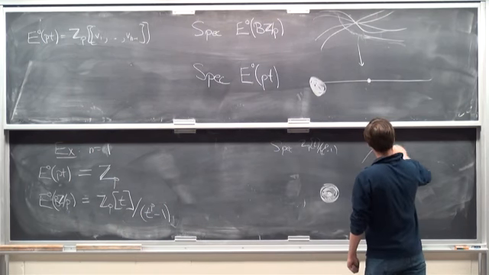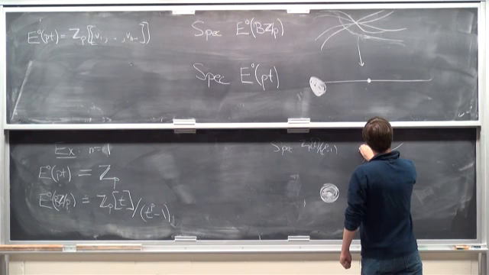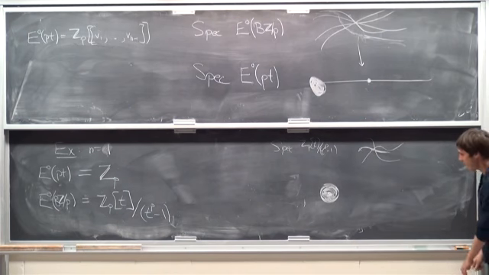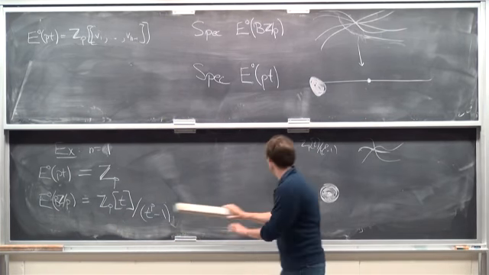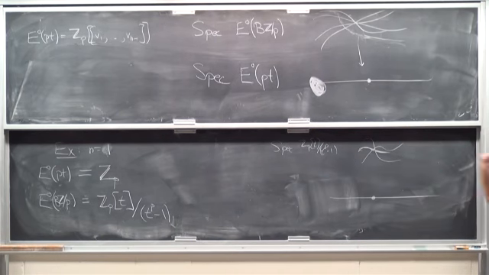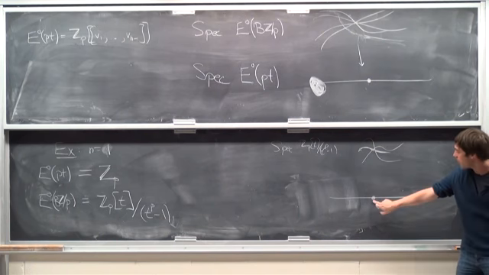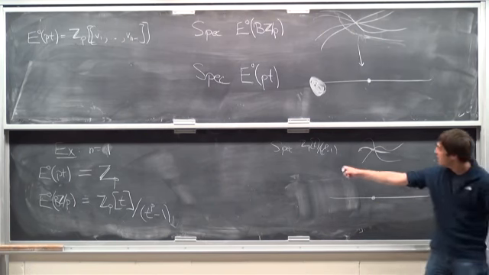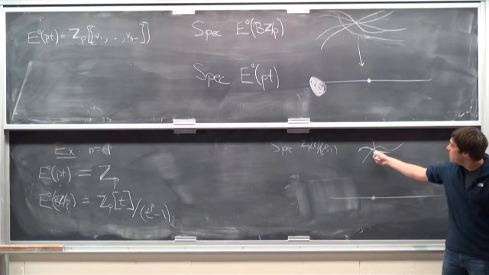Well, let's draw spec of Z_p as some kind of a line with a special point here. But you should think that line is really a small infinitesimal neighborhood of this point. And now, what does this look like?